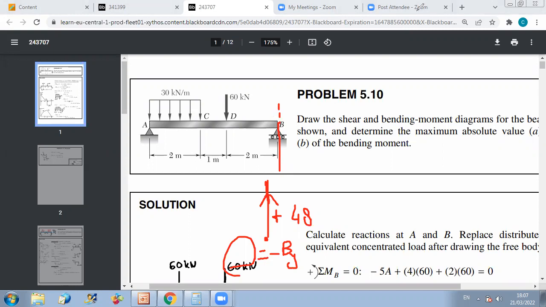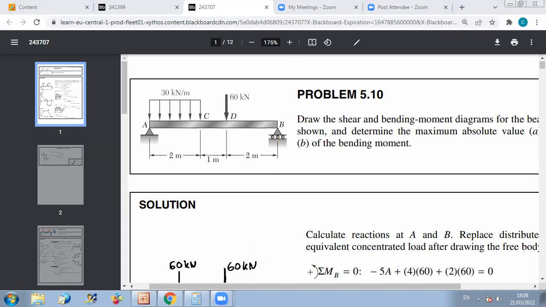So always at B minus, just before reaching B, the shear force should be equal to minus By. If By is upward, then you should end up with a negative shear value at B. And if By is negative, then you should end your shear diagram with a positive value because the reaction will bring you back to zero.